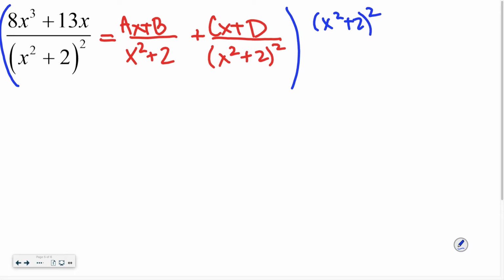When we multiply by our LCD, we are going to get 8x cubed plus 13x.